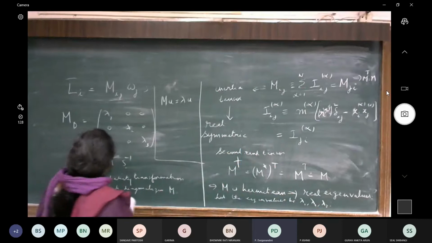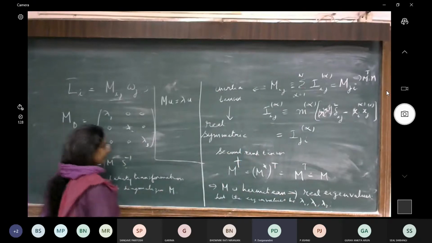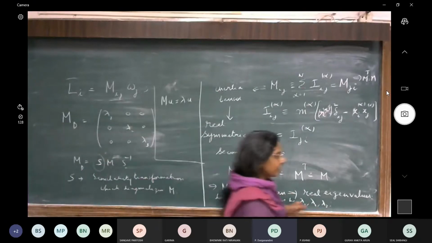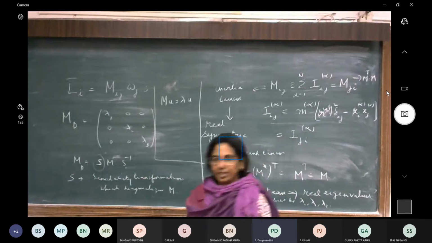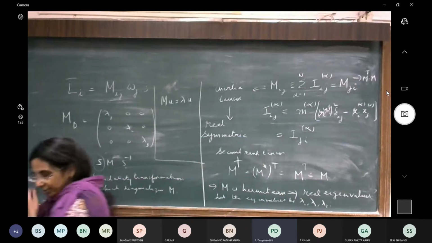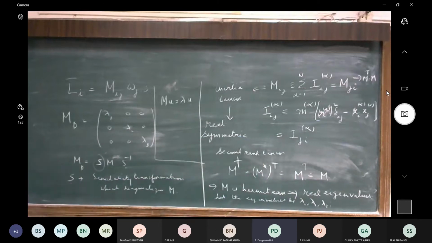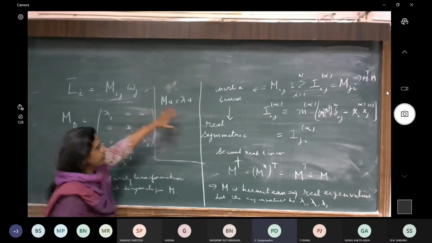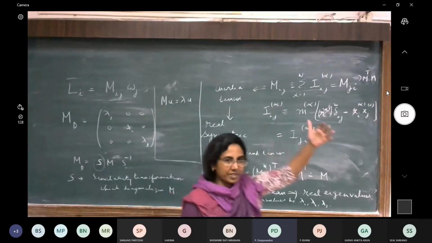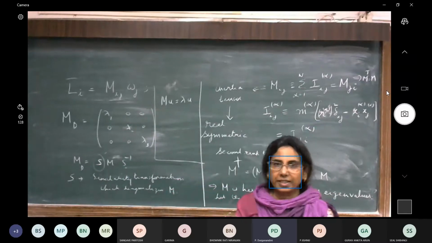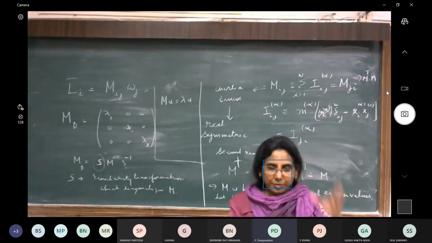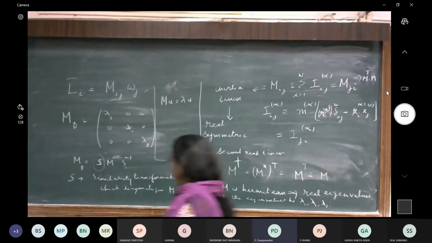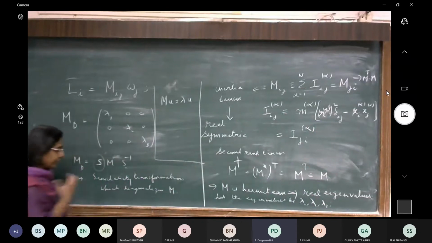In fact, what you can show most generally, even if they are not distinct, is that your S, the diagonalizing matrix or similarity transformation, is an orthogonal matrix. Because it's an orthogonal matrix, essentially you're transforming from some basis to another basis, the eigenbasis, because in that eigenbasis your M looks diagonal. You're transforming to that by an orthogonal matrix, which is nothing but a rotation matrix.